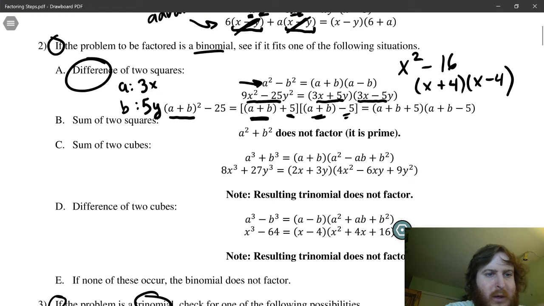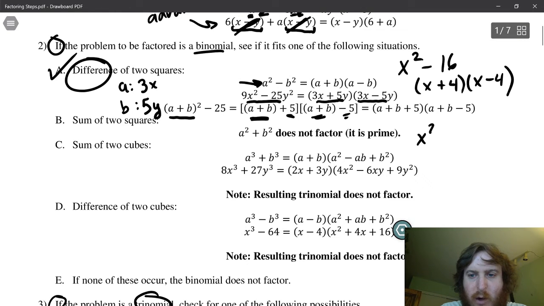So we went over the difference of cubes. Now, difference of squares. Sum of squares really shouldn't be in here, but it's a note. When we have a squared plus b squared, it doesn't factor, right? For example, if you had x squared plus 16, it doesn't factor anymore. It is completely factored, right?